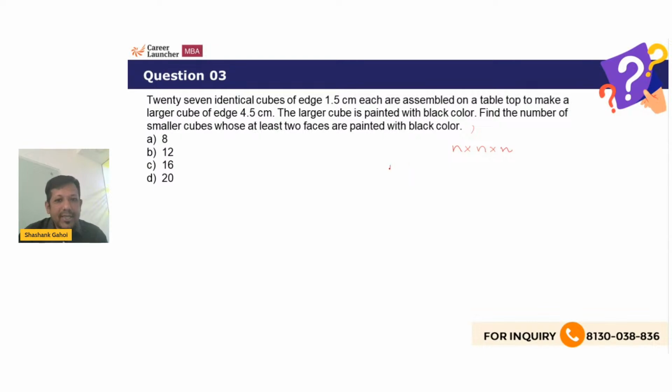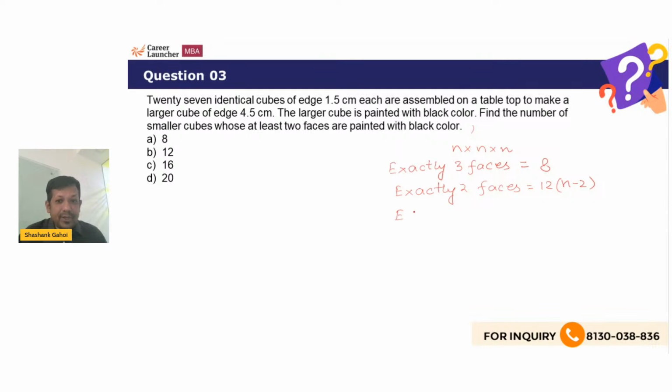Exactly three faces painted is always going to be 8. That's a fixed number, the corner ones. Exactly two faces painted is given by 12 times (n minus 2).